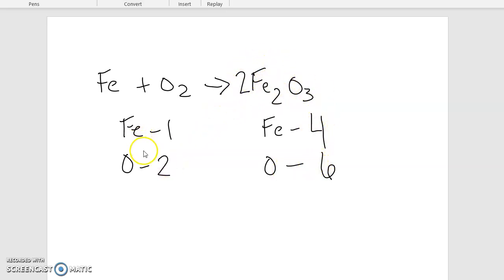If we look at the other side, to make oxygen 6 on this other side, we could put a 3, and that will give us 6. Then iron, there's 4 irons here, so we could put a 4, and that will give us 4 irons, and then it's balanced.